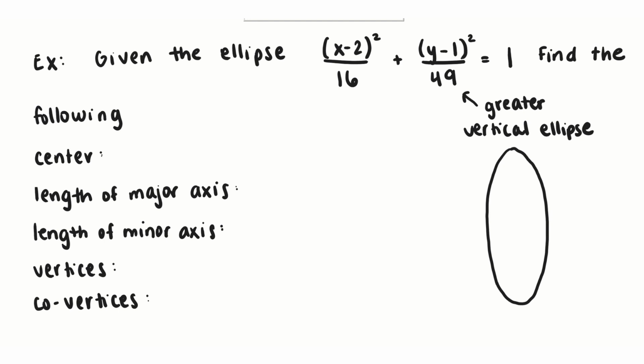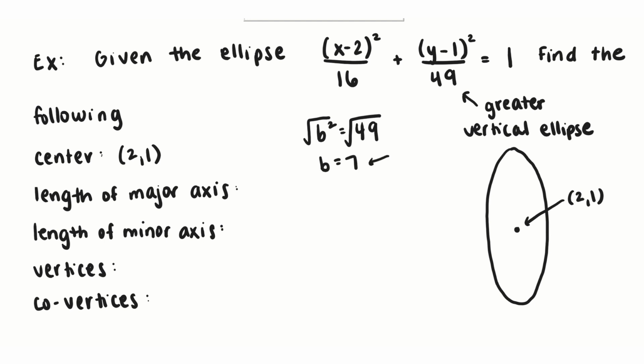And the center will be (2, 1), because we will just do the opposite sign of what's inside of the parentheses there. So I will draw my center. And then b squared will be 49. So if I take the square root of each side, then I get that b is 7. So this is going to be the value that I move up and down from the center.